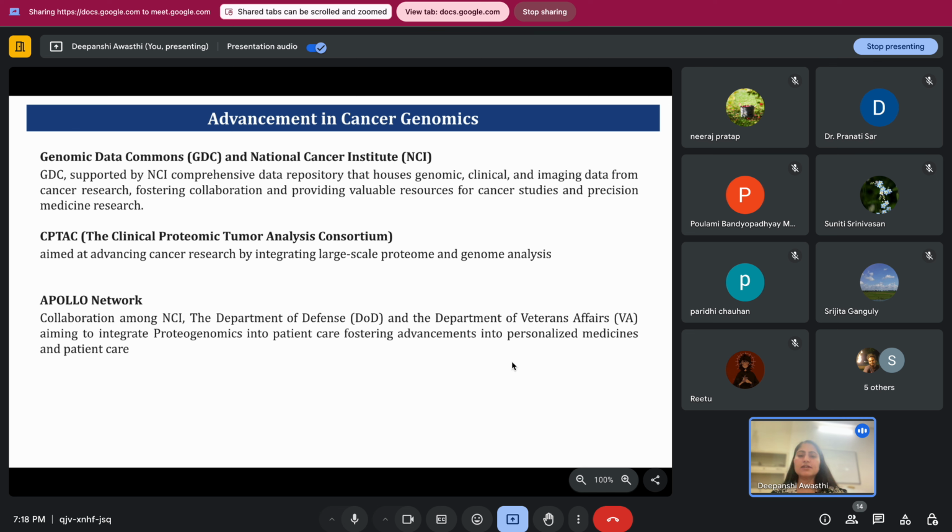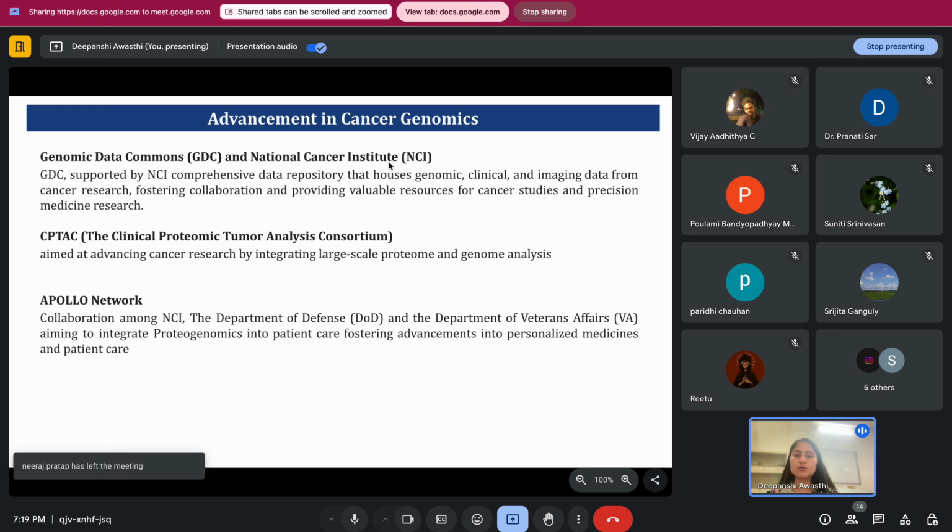There are different repositories which contain the information on cancer. One is the Genomic Data Commons and NCI, the National Cancer Institute. The National Cancer Institute has taken the initiative to collect more and more data, collaborating with different agencies, laboratories and people, so that it could gain more data for the public welfare.